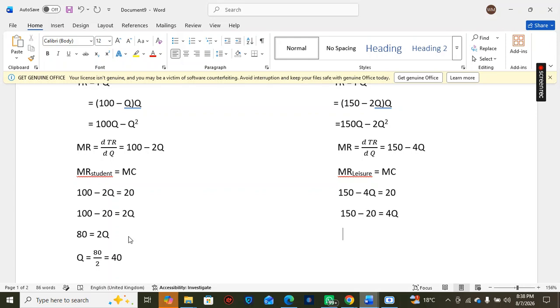For the leisure travelers, you're going to say 150 minus 20, that is 130, equals 4q.